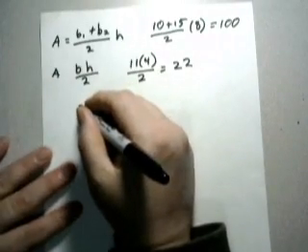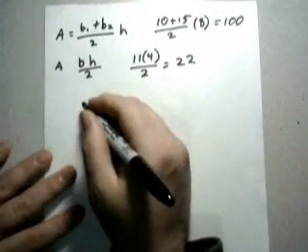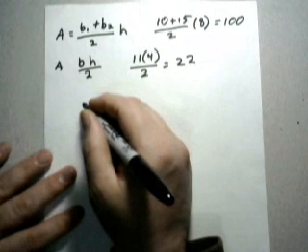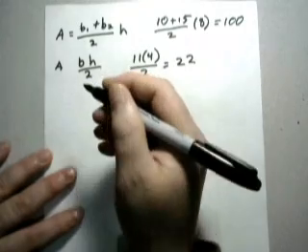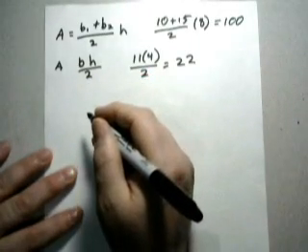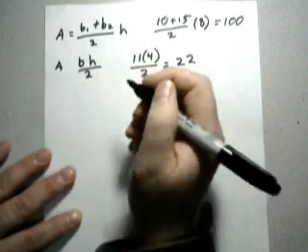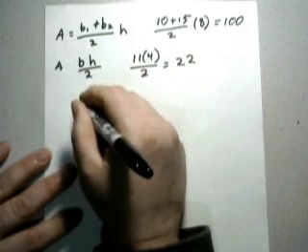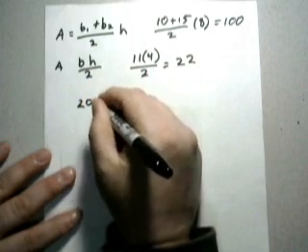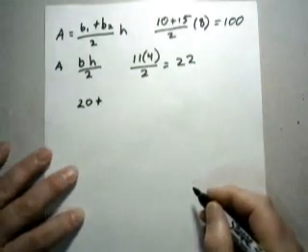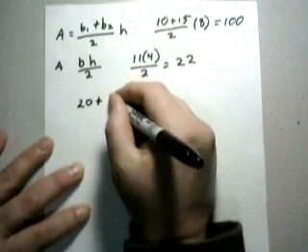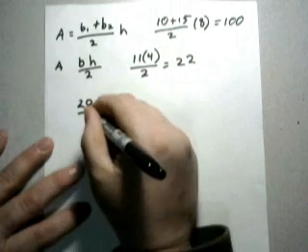Okay, so the area of the trapezoidal part on C, let's see, base 1 is going to be 20, or I would say the shorter base will be 20. You could call that base 2 technically if you want to. It doesn't really matter. So 20 plus the base on the bottom is 26.